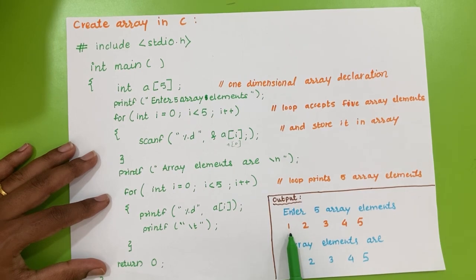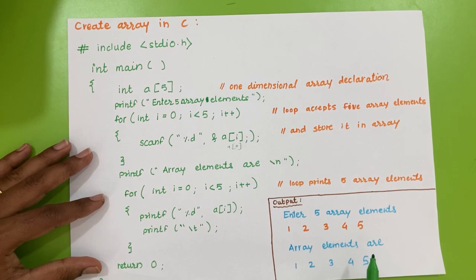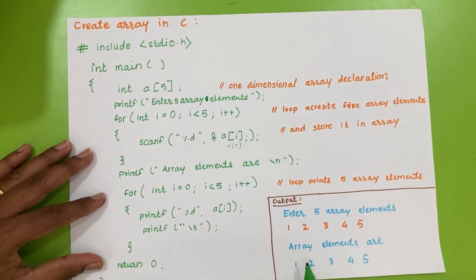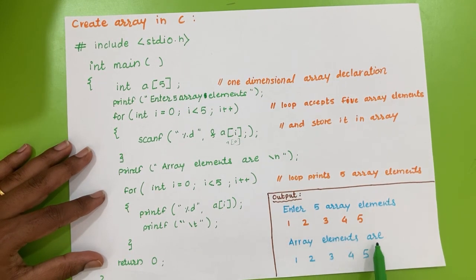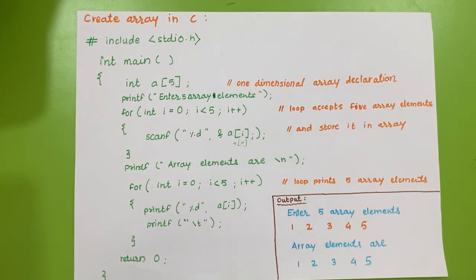Suppose the user entered 1 2 3 4 5. Then when you press the enter button, you will get the output "array elements are", displayed like this. So this is the output of the program that creates an array in C.